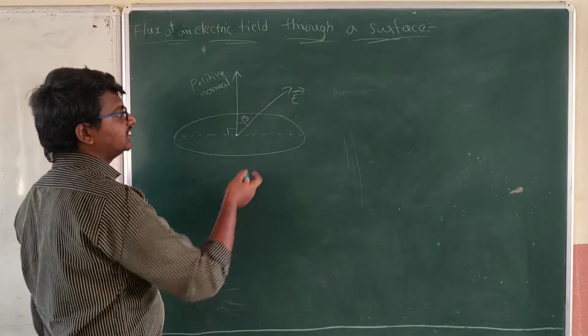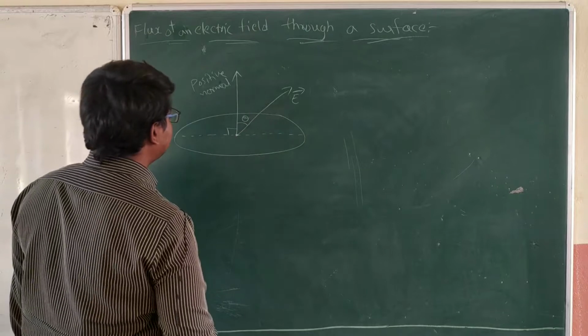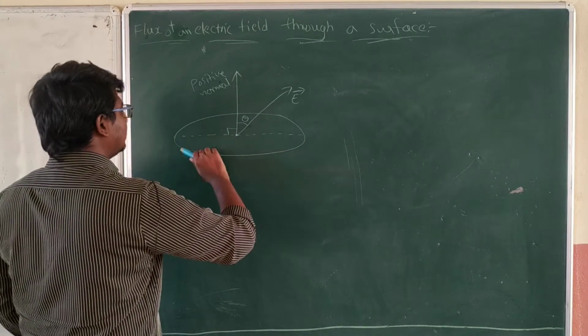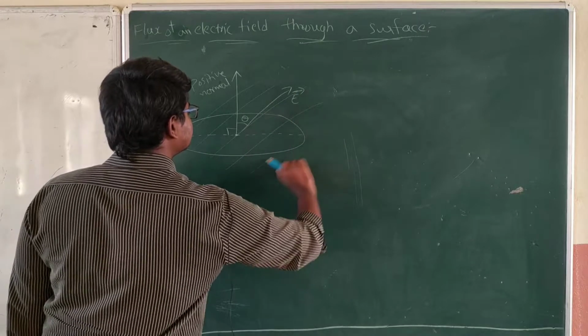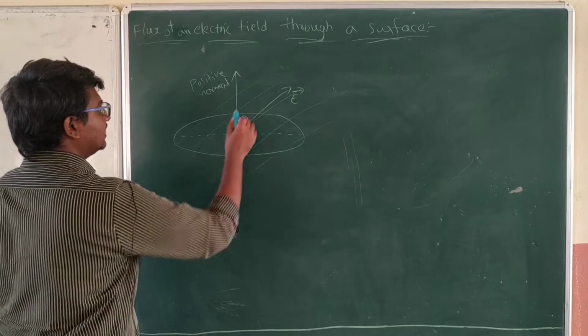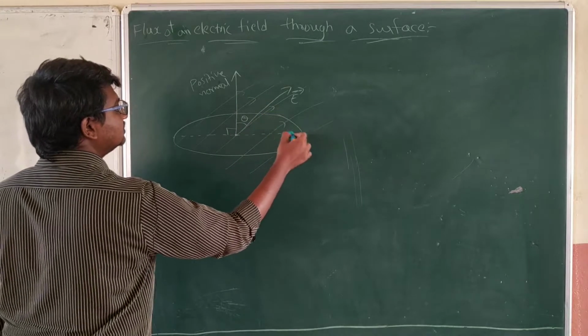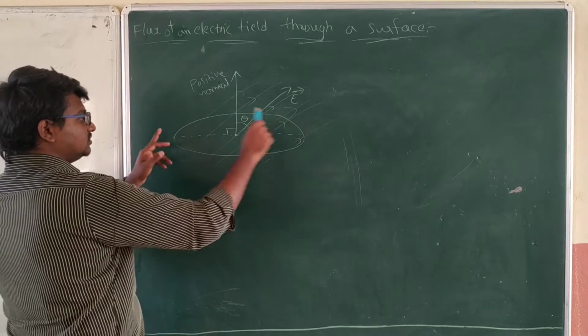It is like a coordinate system simply. Electric field E bar is making an angle theta here. It means electric field lines are going along this surface, parallel to this E bar. These are all lines of force which are passing through this surface.